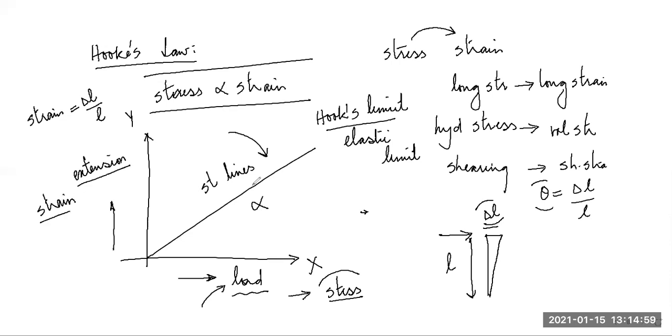So this straight line tells you that stress is directly proportional to strain till Hooke's limit or elastic limit. In other words, stress by strain is a constant, and that constant E is known as modulus of elasticity, or coefficient of elasticity.